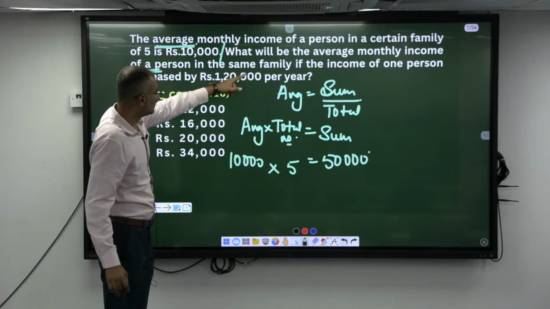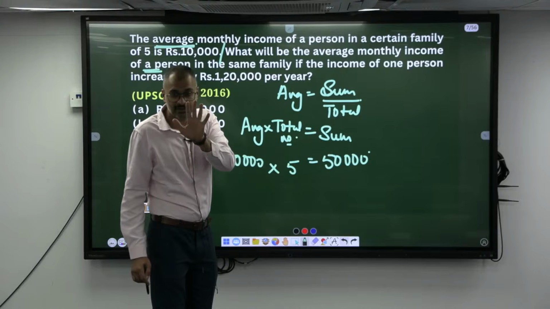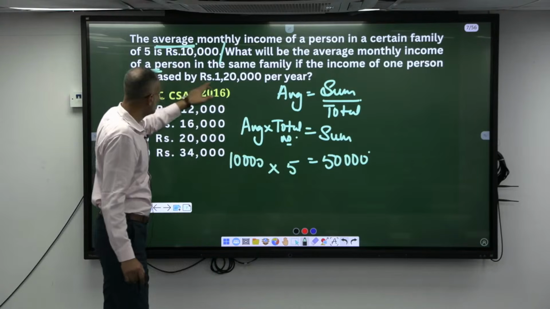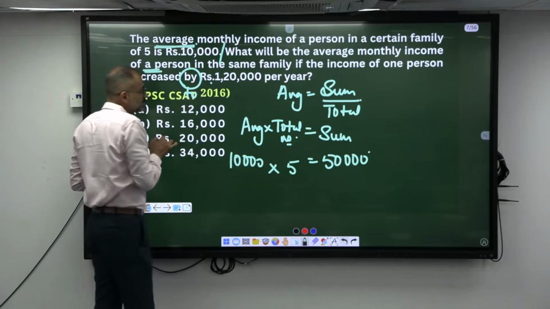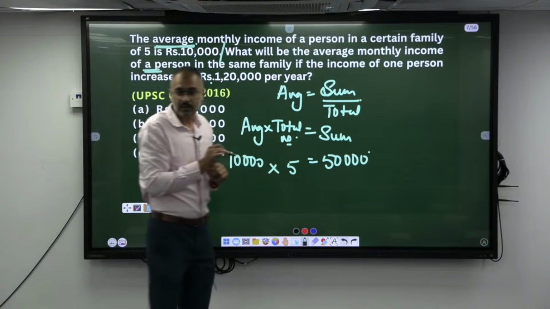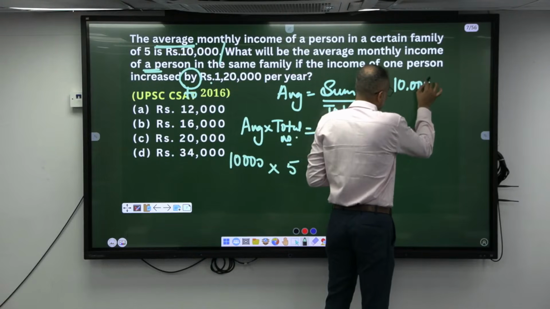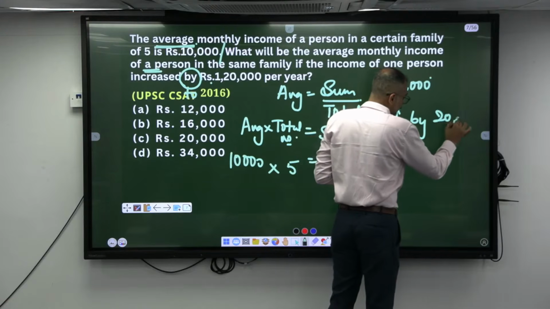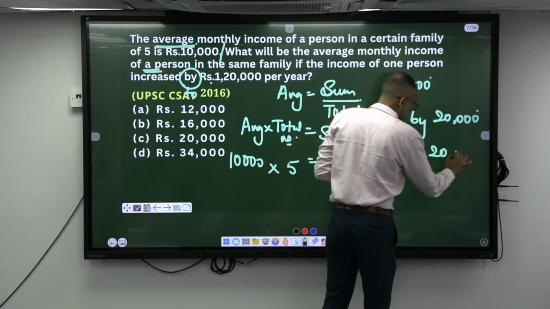In the same family, among these 5 persons, nobody got added, but one of them is getting more salary. How much? Increased by. Increased to is different, increased by is different. If I am getting 10,000 salary, increased by 20,000 and increased to 20,000, is there a difference?